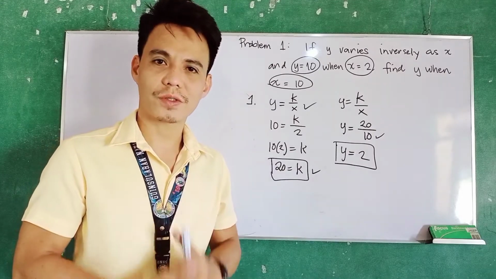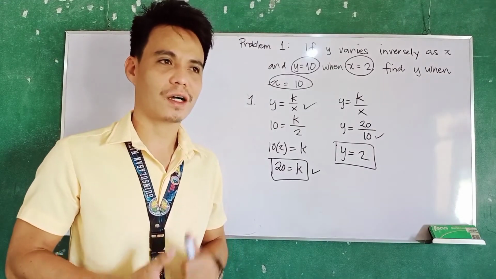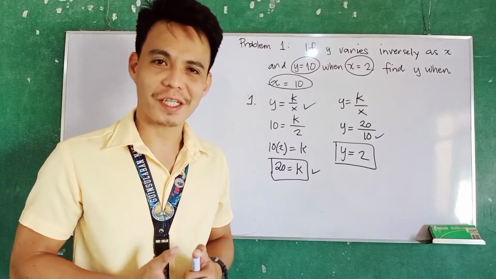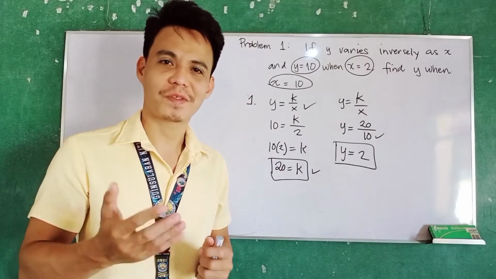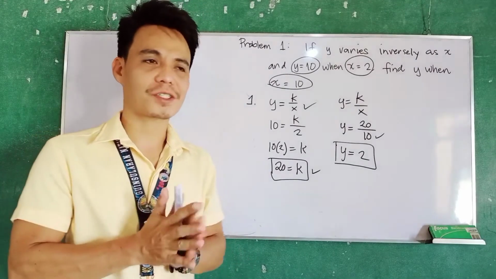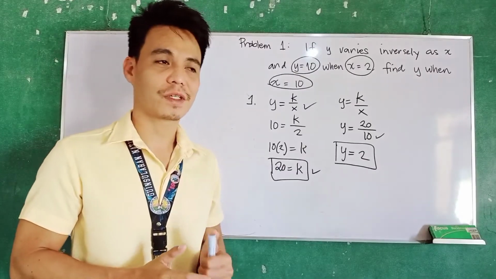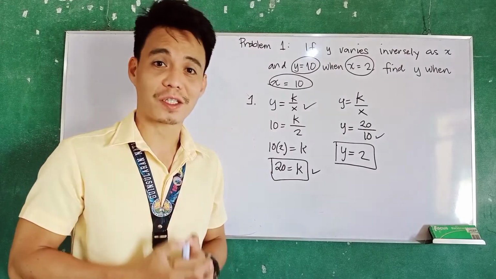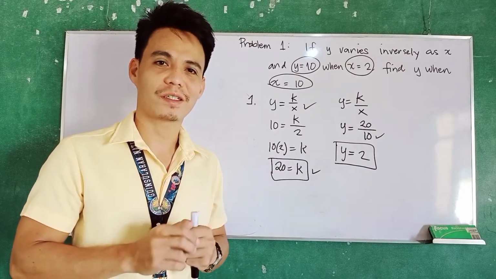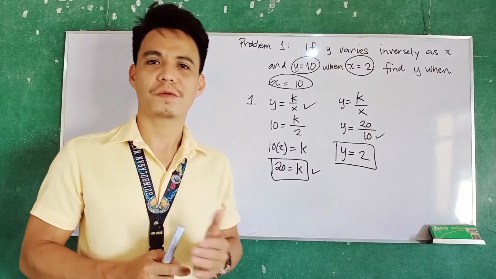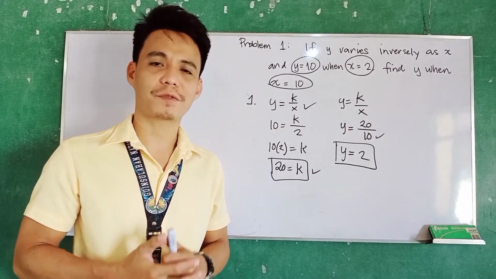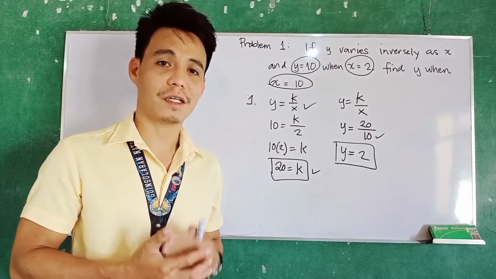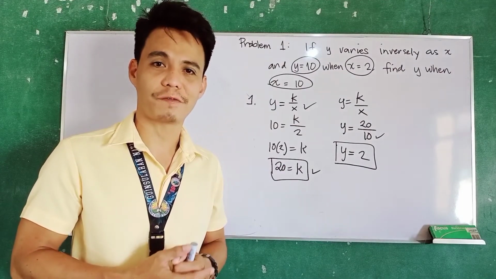Okay? So once again, what are the steps in solving the inverse variation? Yes, very good. First is we have to translate the variation statement into a mathematical symbol. Very good. Next, we have to use the given information to solve for the value of your constant.